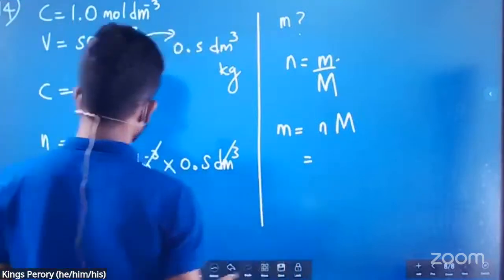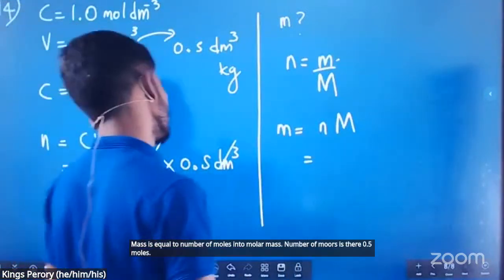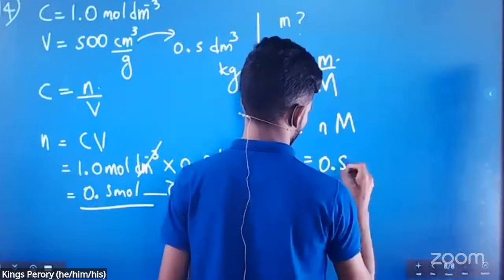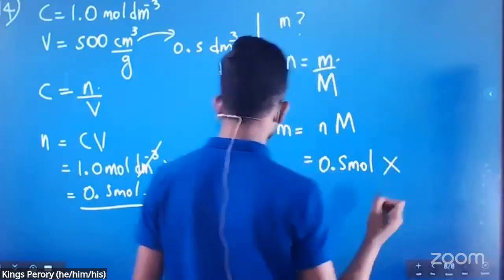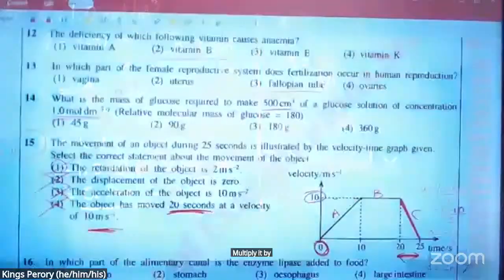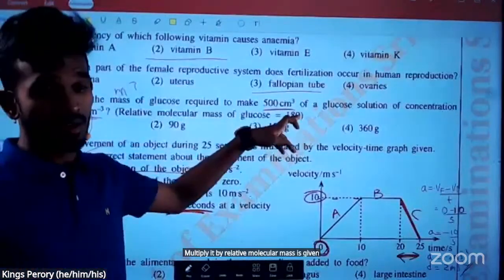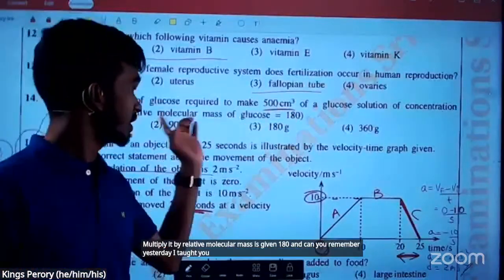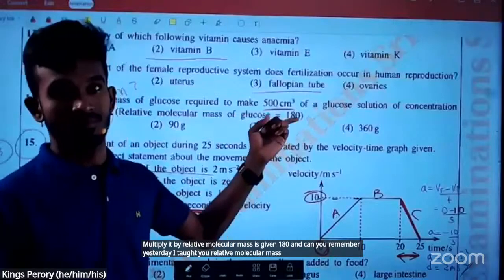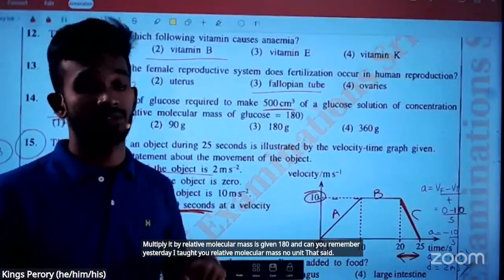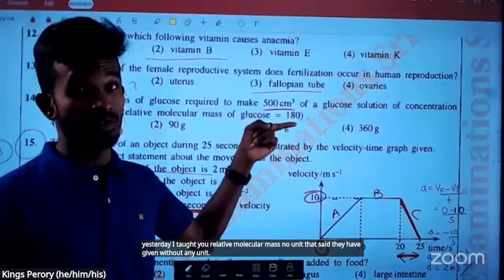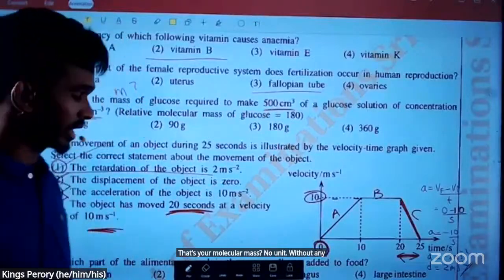Number of moles is 0.5 moles, multiplied by relative molecular mass, given as 180. Can you remember, yesterday I taught you relative molecular mass has no unit. That's why they have given 180 without any unit.